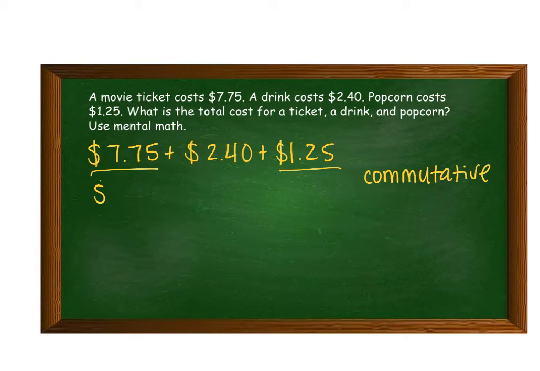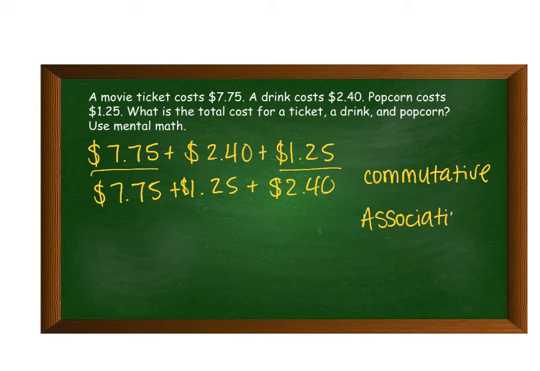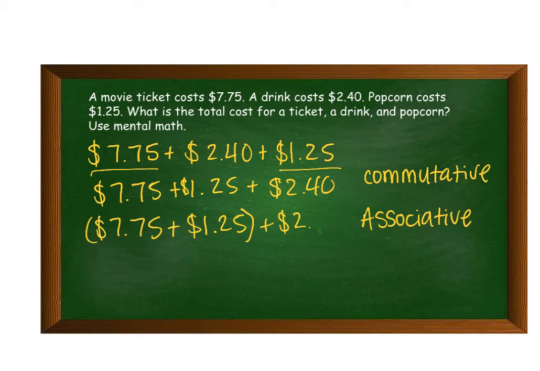to rewrite this as $7.75 plus $1.25 plus $2.40. I forgot my dollar sign. There we go. Okay? And then we associate them with each other. Okay?